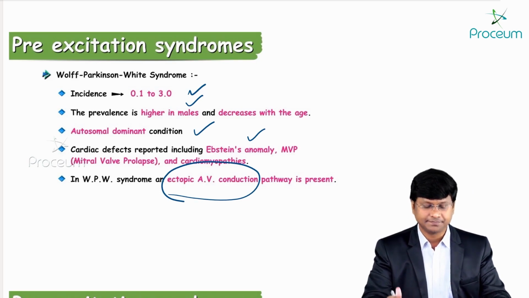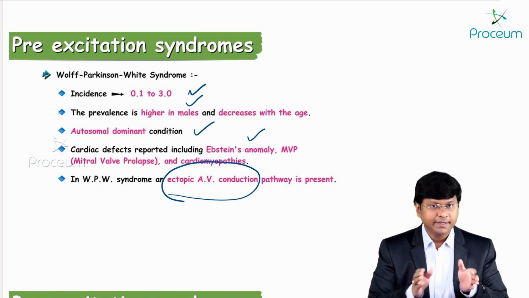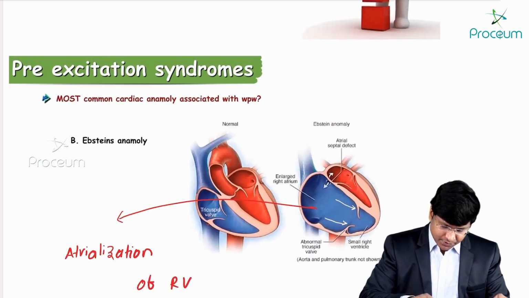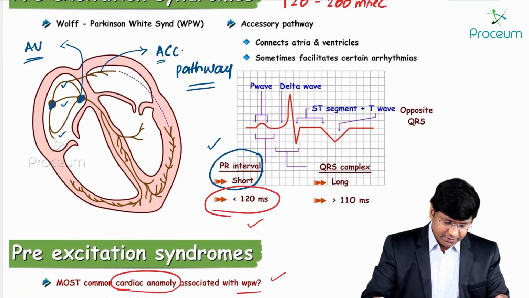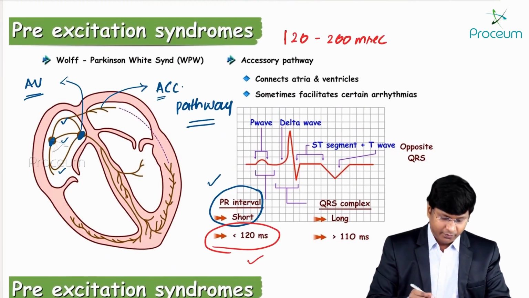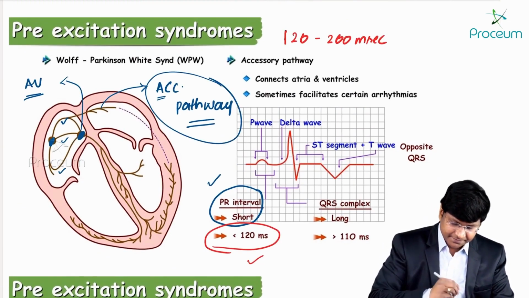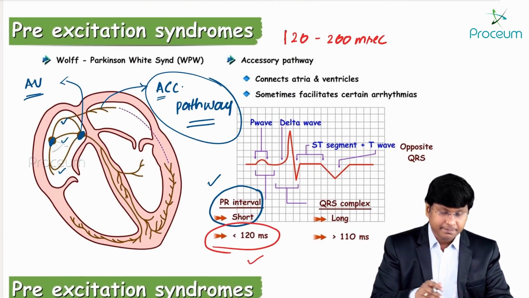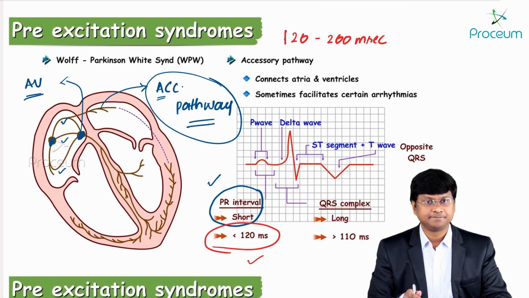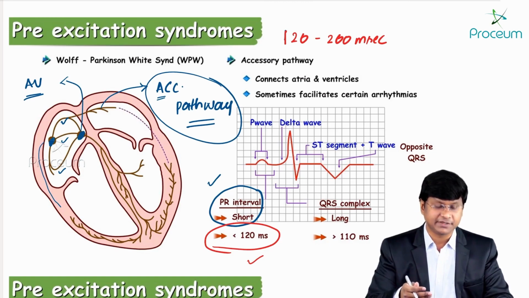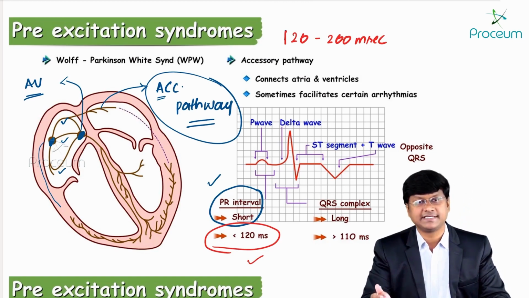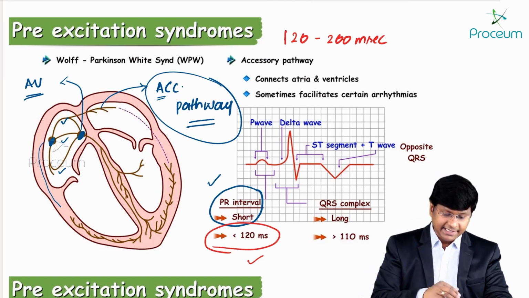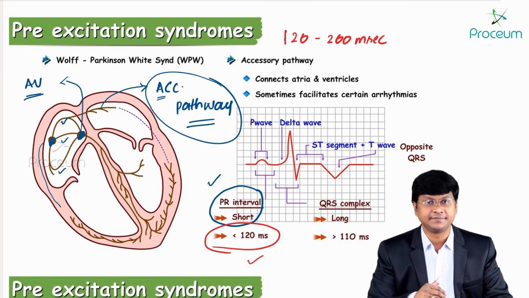Now, the point you should understand is, this is your WPW syndrome, where you have the presence of the accessory pathway. This accessory pathway can be on the left side, or it can be present on the right side.